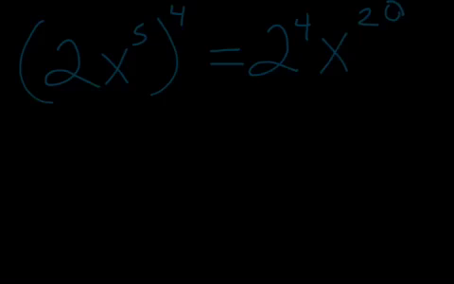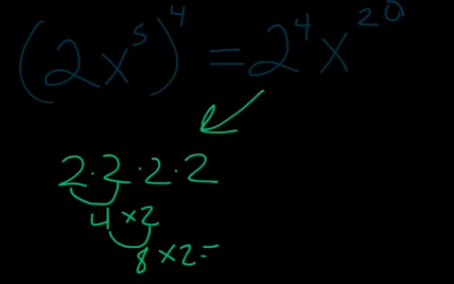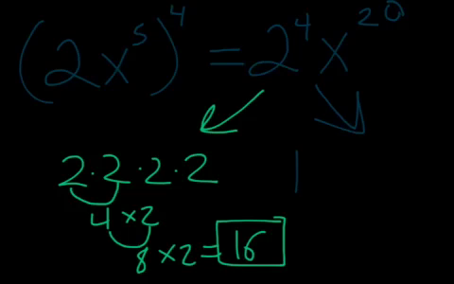And remember, 2 to the 4th is 2 times 2 times 2 times 2. 2 times 2 is 4. 4 times 2 is 8. 8 times 2 is equal to 16. So 2 to the 4th, x to the 20th, is 16x to the 20th.